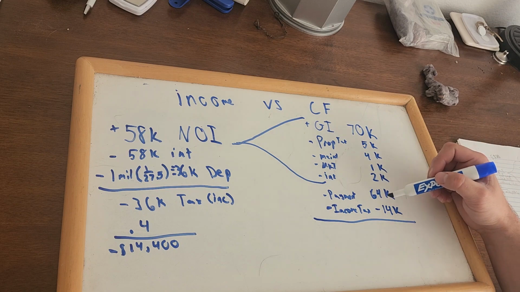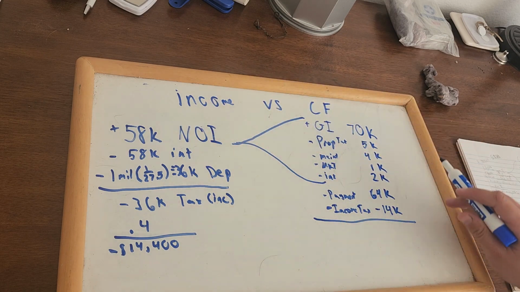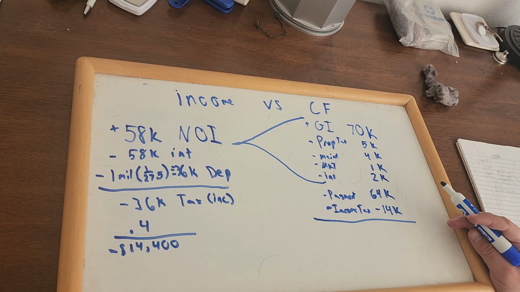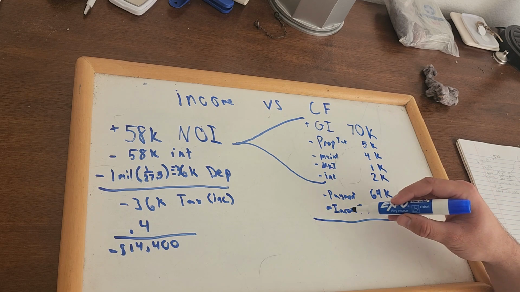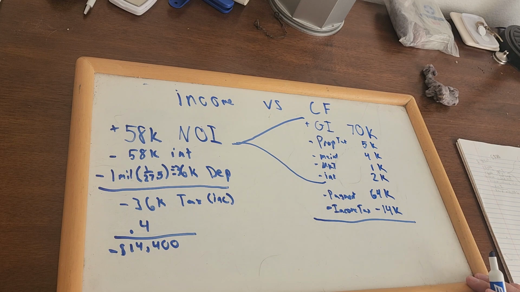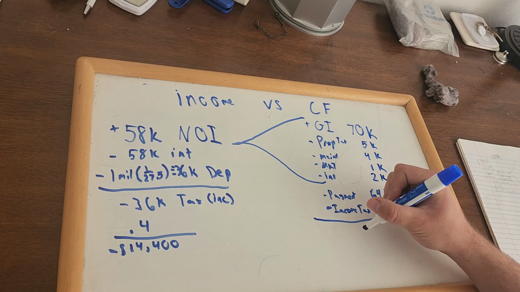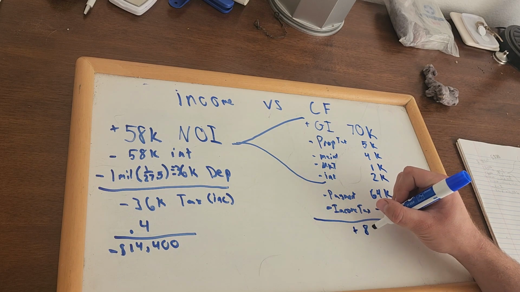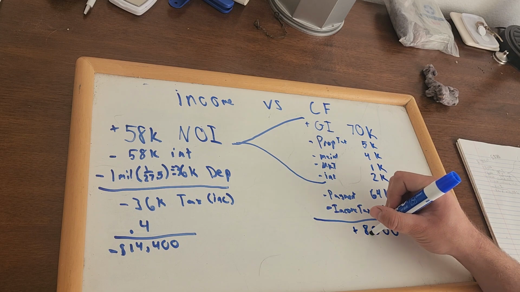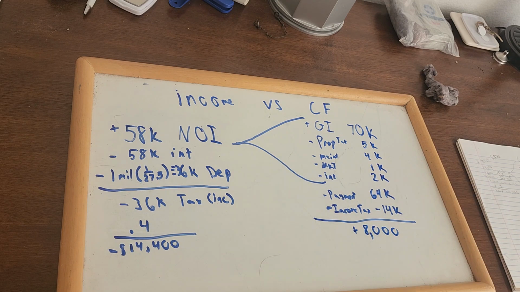We're going to subtract 64 from 58. And we already know that's actually negative $6,000. So we're going to take negative $6,000 and subtract a negative 14 from it, which is going to add 14 to it. So negative $6,000 plus $14,000 is going to give us positive $8,000 in cash flow for the year for owning this property.